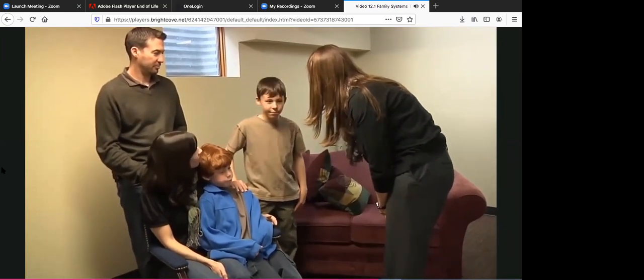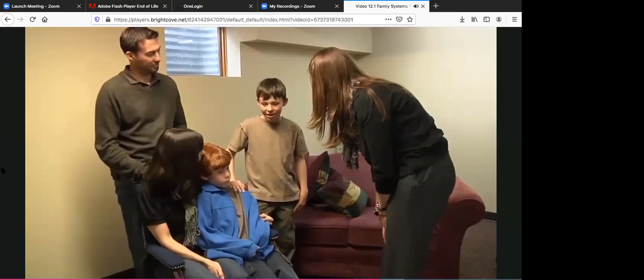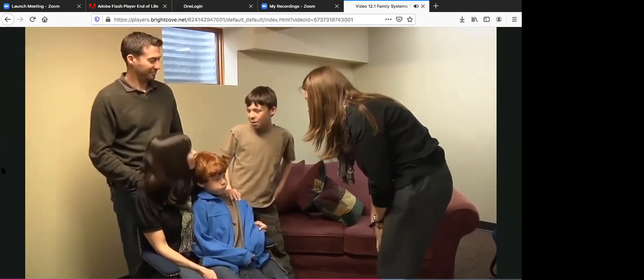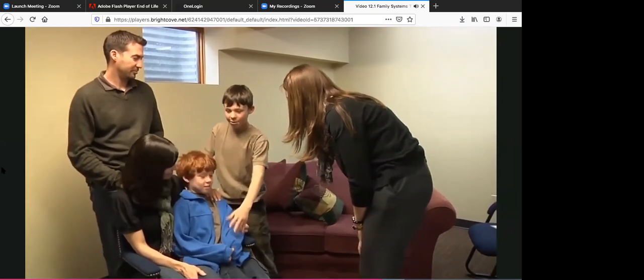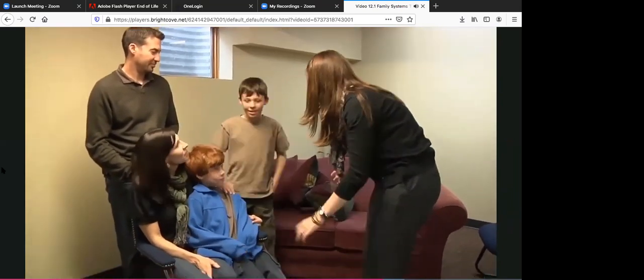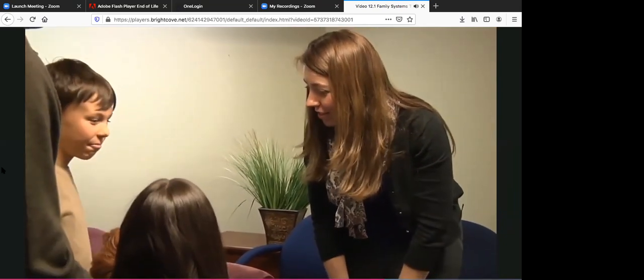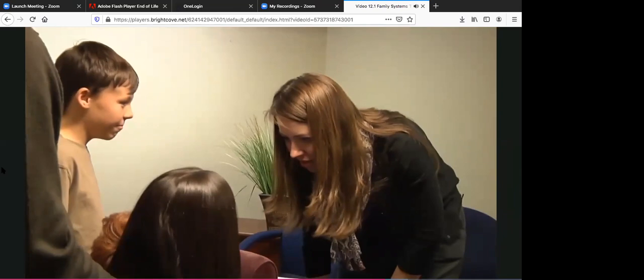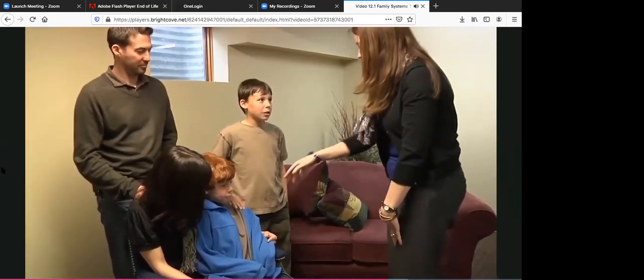Tanner, what's that like to touch him on his shoulder like that? Kind of afraid he's gonna hit me, but it doesn't look like it. I feel like this arm is gonna go. So you're a little protective, but you're willing to trust him right now. So he's trusting you that you're going to take care of him. And it kind of looks like you want to take care of him too.